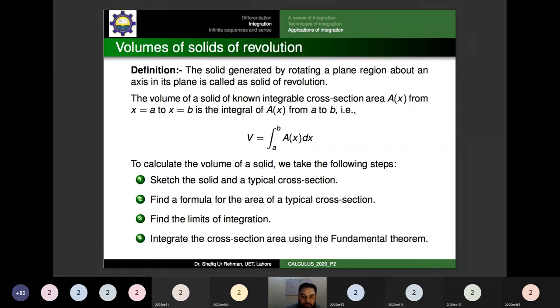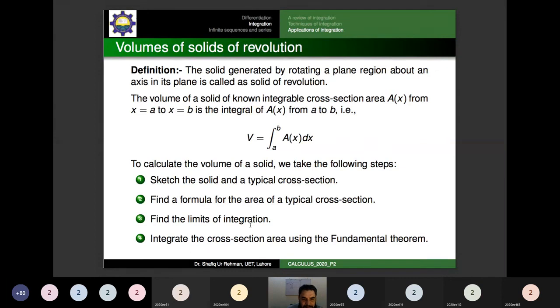To calculate the volume of a solid, we need to care about the following steps. Number one, sketch the solid and a typical cross section. I mean the solid over there, the shaded region, normally we describe it. Find a formula for the area of a typical cross section. Find the limits of integration and then integrate.